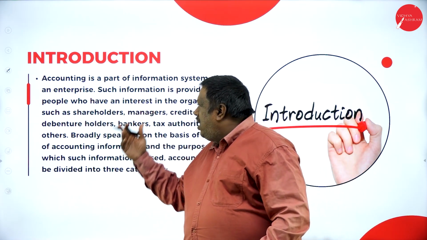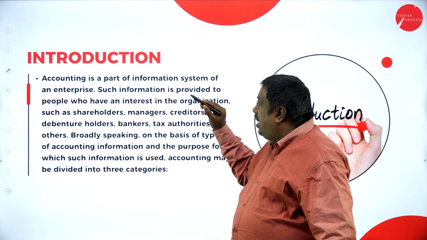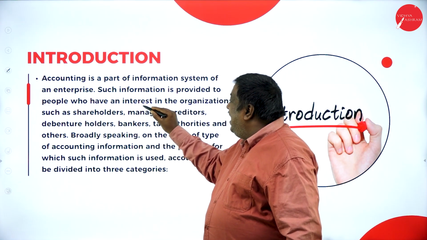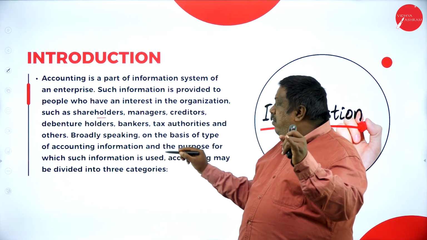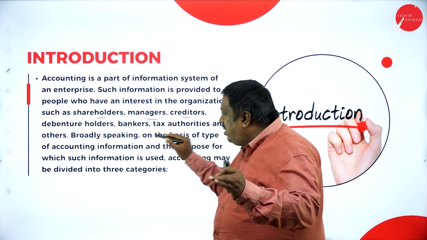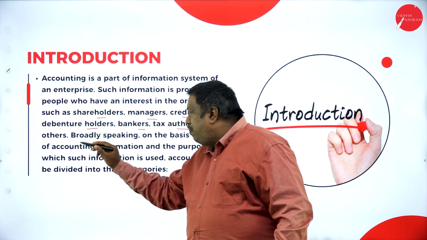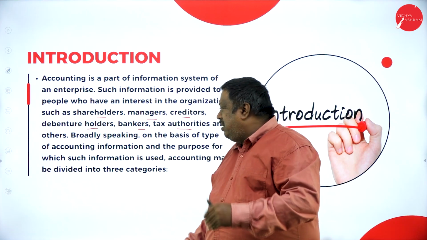Now, in the introduction concept, accounting is a part of the information system for any enterprise. Such information is provided to people who have interest in the organization, such as the shareholders, managers, creditors, debenture holders, bankers, tax authorities, and other people. They want to know the financial position of the business.